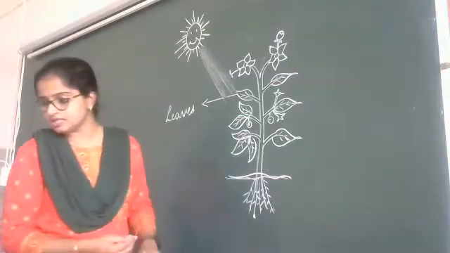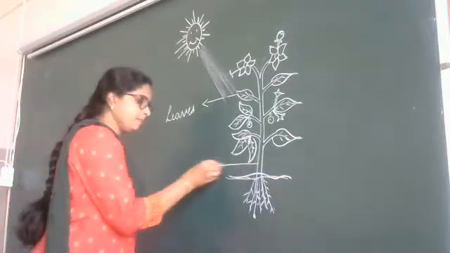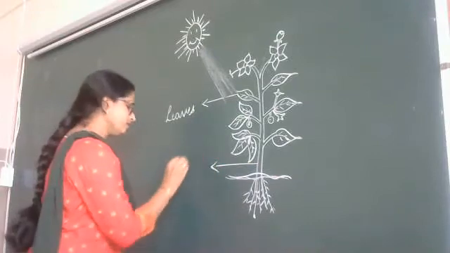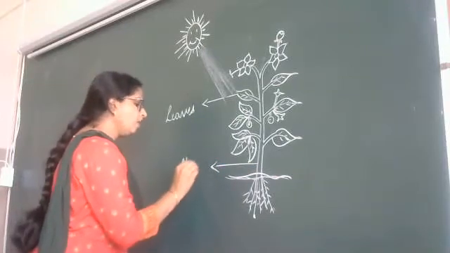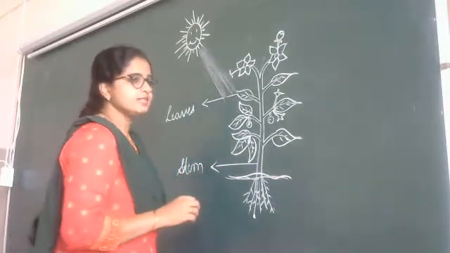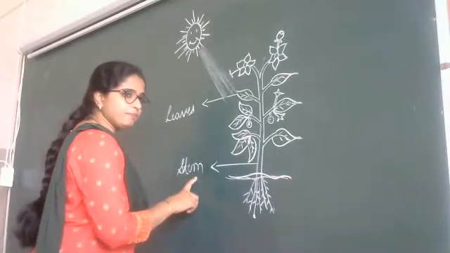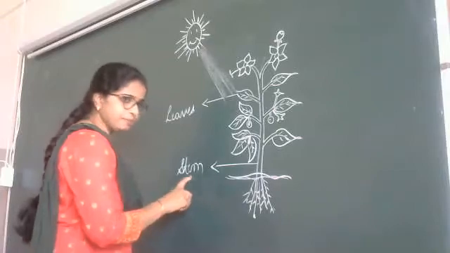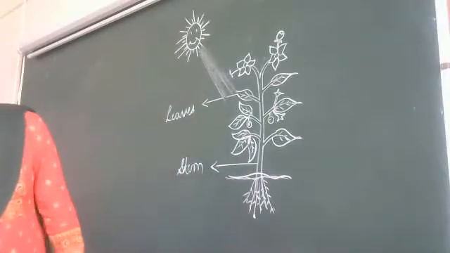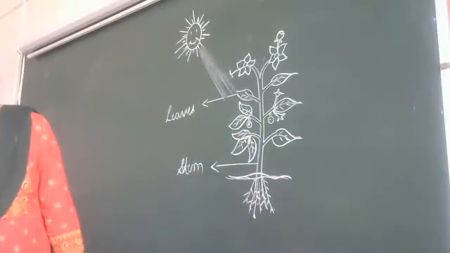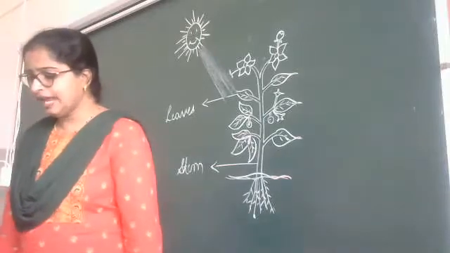And next is stem. What is it? Stem. Not tem, it is stem. S-T-E-M. Stem. The stem bears leaves, flowers and fruits.